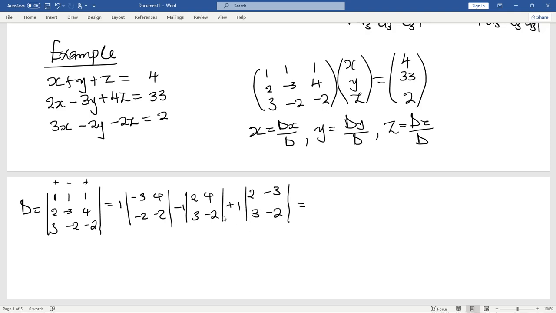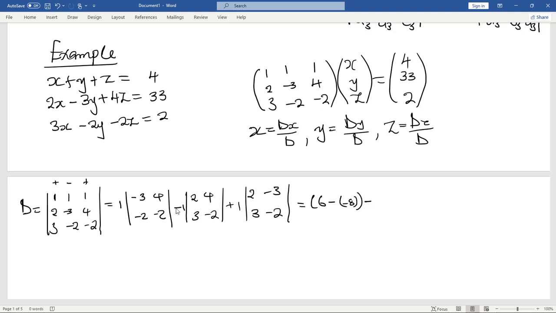Now, we find the determinants of these 2 by 2 matrices here. We add and subtract whatever values we're going to get here. So here, negative 3 by negative 2, we're simply going to get 6. So we're going to say the first one, 6 minus negative 2 by 4, we get negative 8.